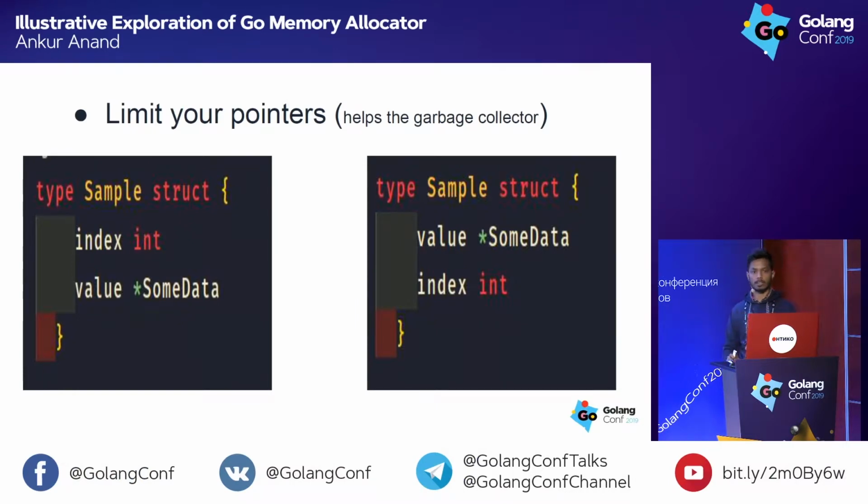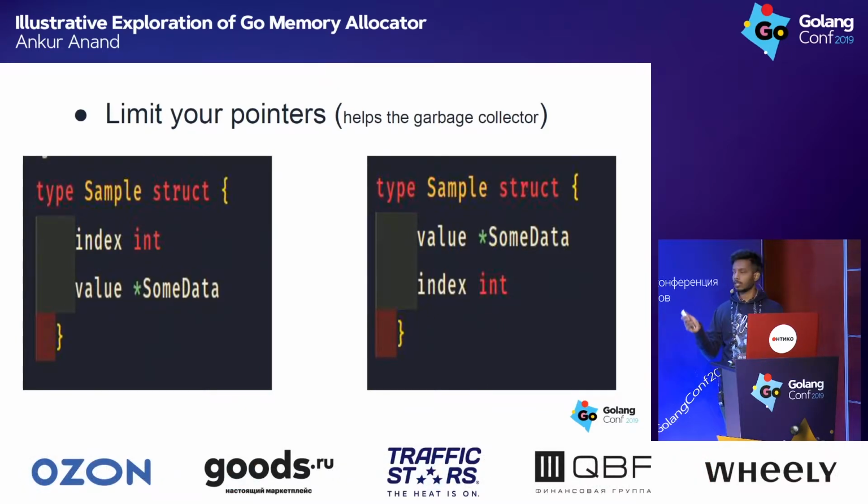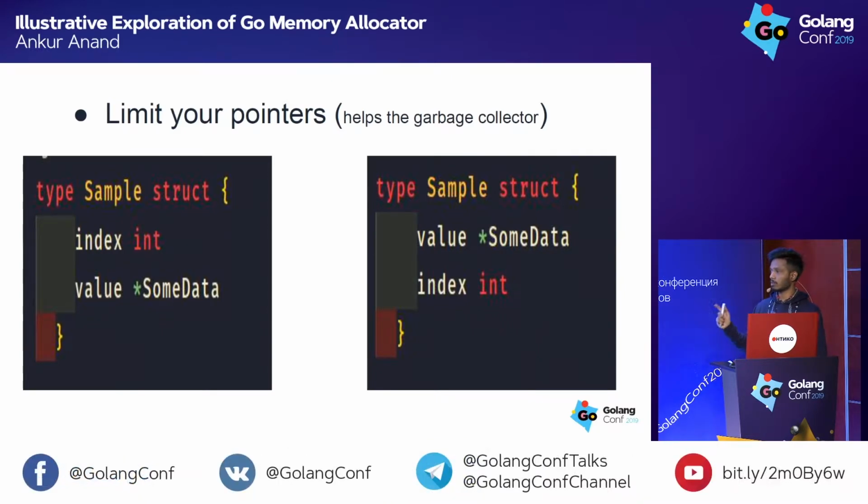Why does this help in garbage collection? Let's suppose on the right-hand side, if Go garbage collection needs to find out whether this structure contains a pointer or not, it has to scan only one element. Go also maintains metadata for each object that it has allocated, telling it where to stop further scanning.